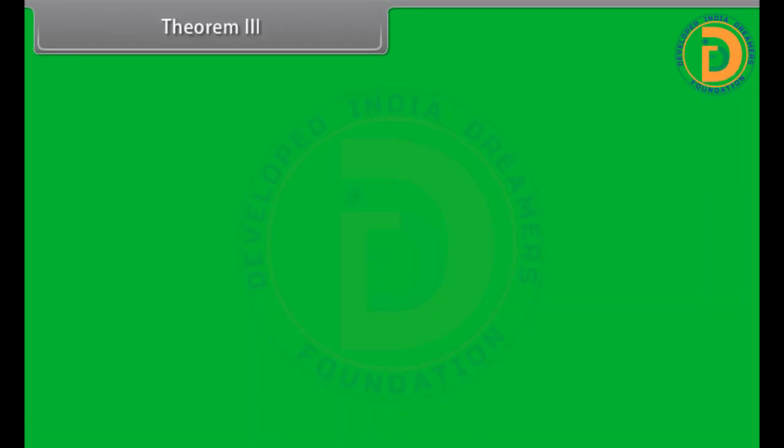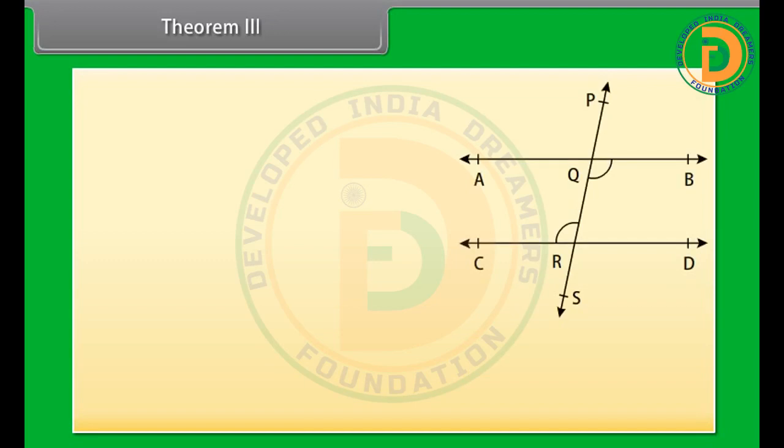Theorem 3. Now, using the converse of the corresponding angles axiom, we can show the two lines are parallel if a pair of alternate interior angles is equal. Come, let us check. Here the transversal PS intersects lines AB and CD at points Q and R respectively, such that angle BQR is equal to angle QRC.